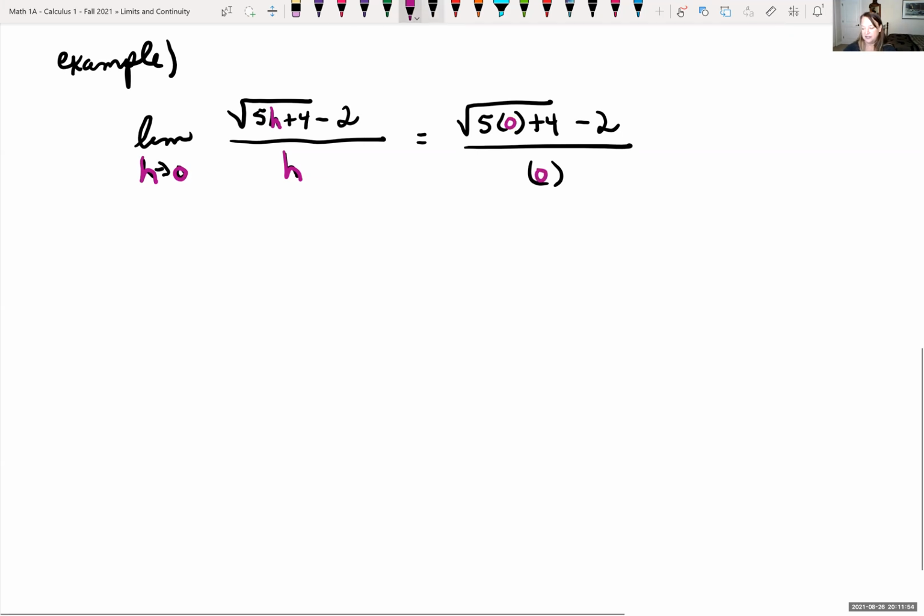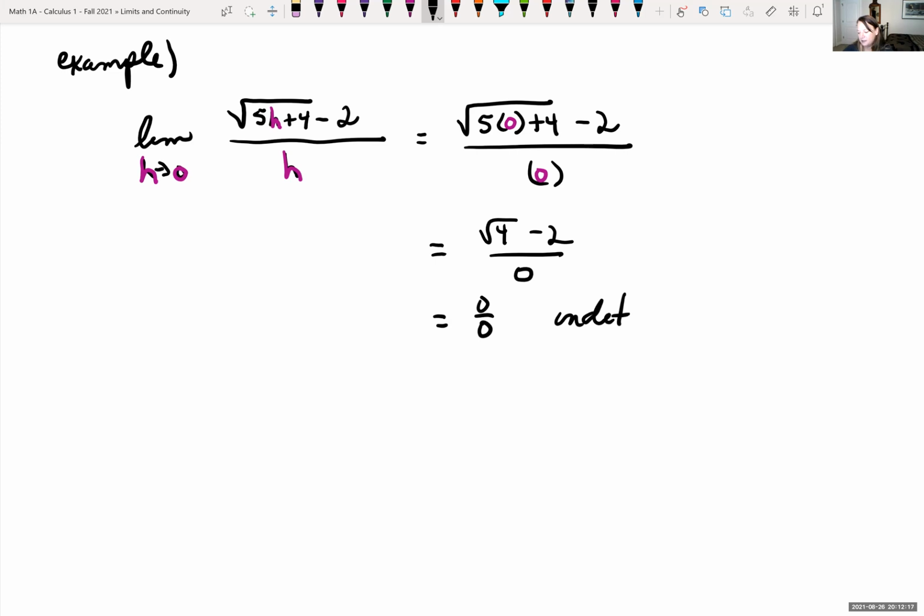Well, 5 times 0 is 0, so really what we have underneath that radical is square root of 4, and minus 2 all over 0. Well, square root of 4 is 2. So in the numerator, we have 2 minus 2, all over 0, which is 0 over 0. Okay, so again, indeterminate form doesn't tell us anything about the limit. We need to go back in and manipulate.